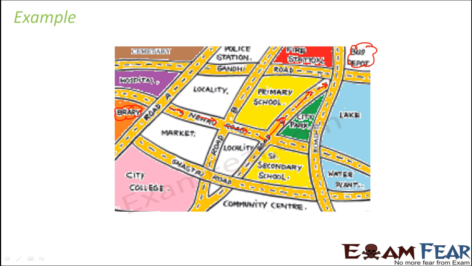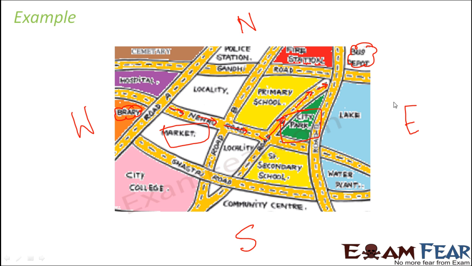Similarly, looking at a map, you can also decide which place is located in which direction or which side. For example, you can very easily say that the city park, which is here, is located further east when compared to the market. So the market is located here and the city park is here. So which is towards the more east side? Obviously the city park, because this direction is east, this is west, this is north, and this is south.